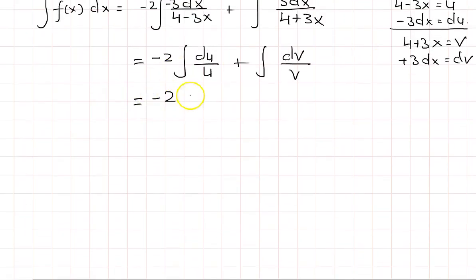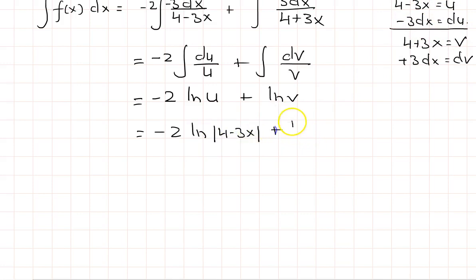This is minus 2 ln u plus ln v. So this is minus 2 ln mod 4 minus 3x plus ln mod 4 plus 3x.